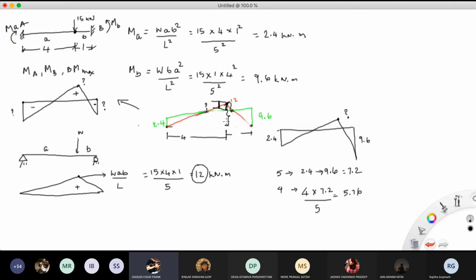Can you explain the last part again? Sorry, the 5 to 2. Yeah, I got the 7.2, and then I didn't get the equation that we did. Yes, I made this the zero line. From the 2.4, from here I am trying to see how much it increased. So I made it like this.